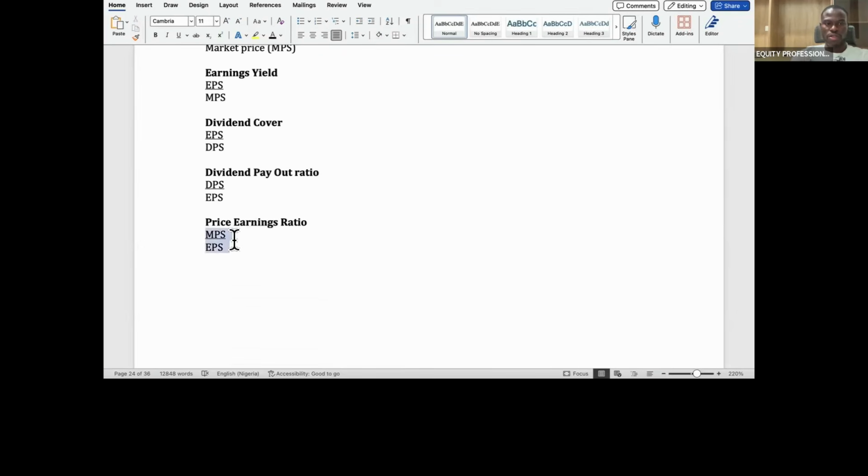So what does this ratio mean? What can price earnings ratio mean? Number one, this is the price that investors place on the earnings of an entity.